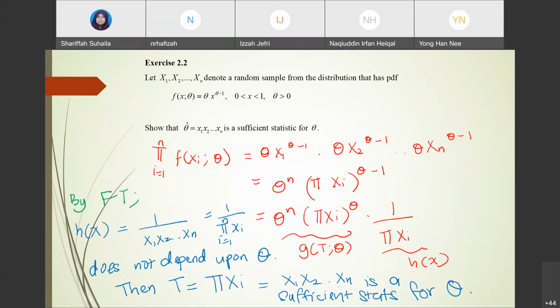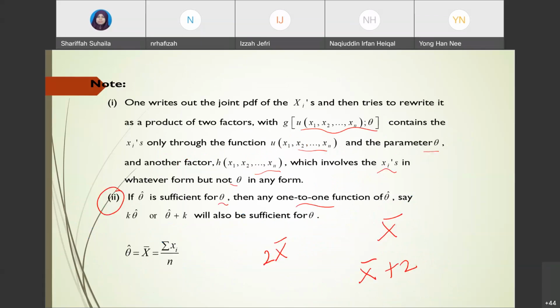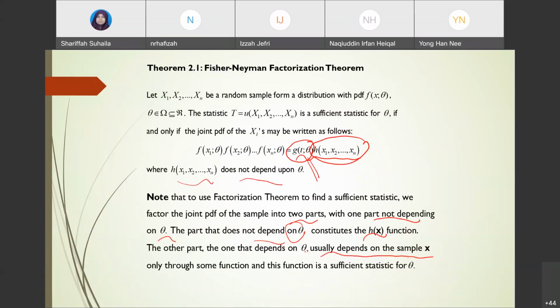We already split this into two parts. The first part depends on theta. The other part has no theta value. So the part without theta goes by itself. This one has theta, so we cannot group it with that; we group it with this one, theta to the power n product xi to the power theta. So we want g(t, theta). What is that t? If we go back to its definition, t is a function of x1, x2, up to xn. The part that depends on theta usually depends on the sample x.